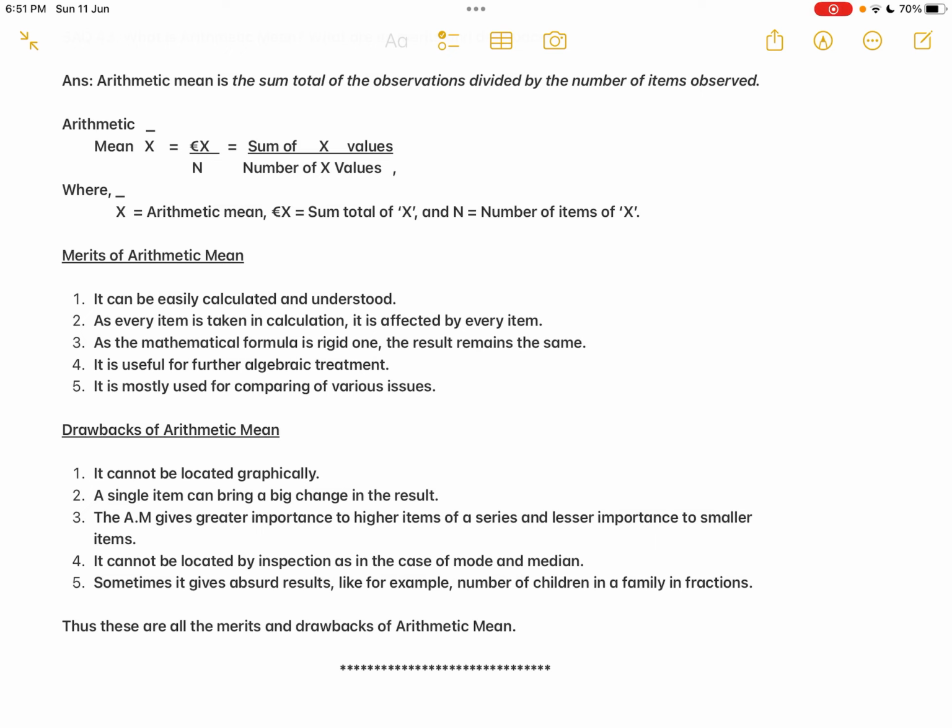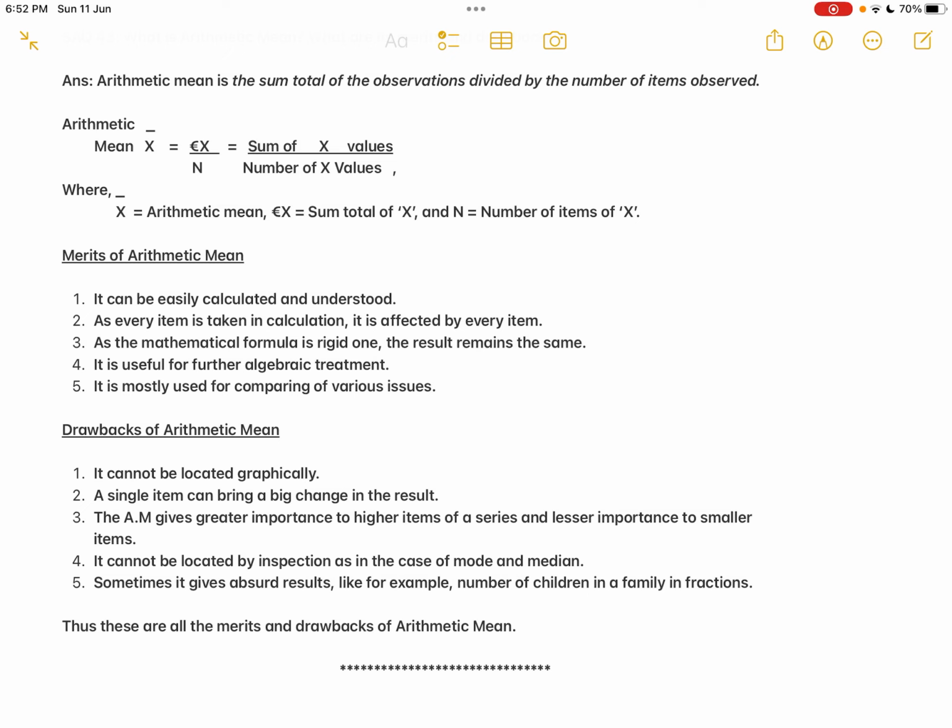That is very absurd, isn't it? It should be either 2, or 3, or 4. It cannot be in fractions. But when you calculate the arithmetic mean, you will get the result in fractions also. So it looks very absurd if you say that the number of children in the family is 3.5. So these are some of the drawbacks of arithmetic mean.